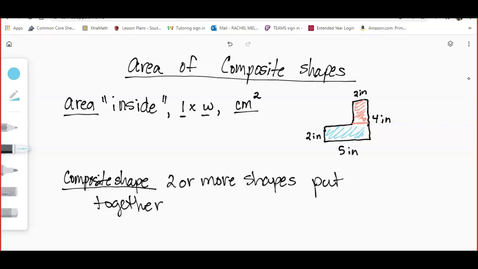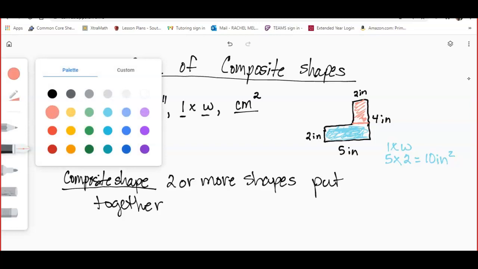Okay, so when I'm looking at the blue rectangle, my length right here is 5. Okay, length times width. Well, I'm only dealing with this blue shape right now, right? So that length was 5. The width here is 2. So the area of this blue rectangle is 10 square inches.